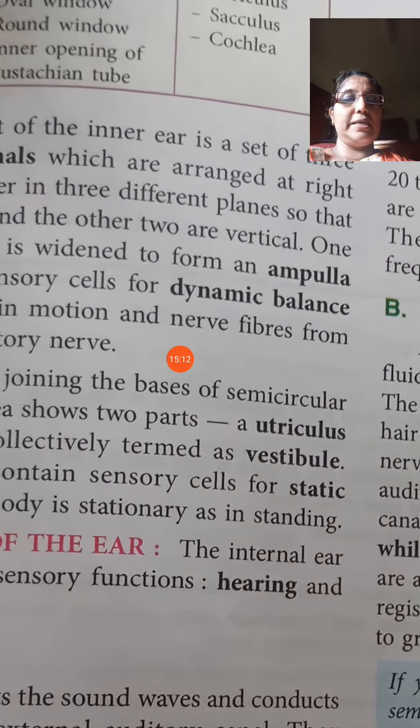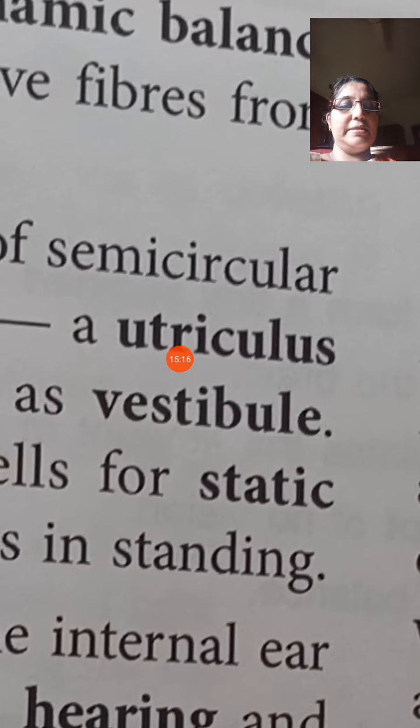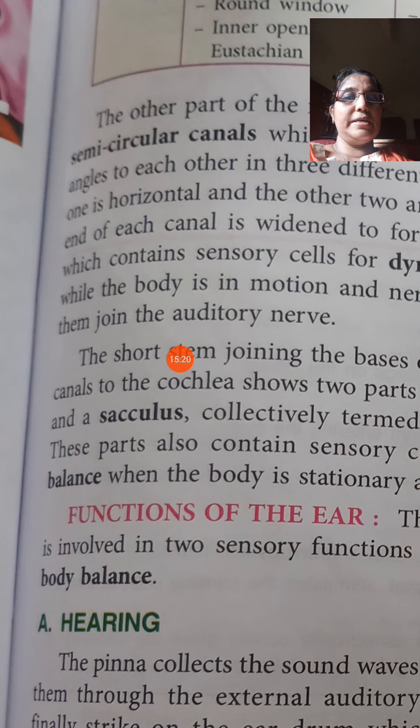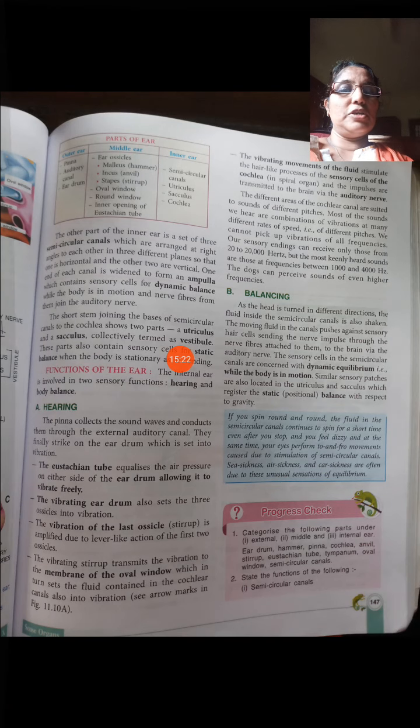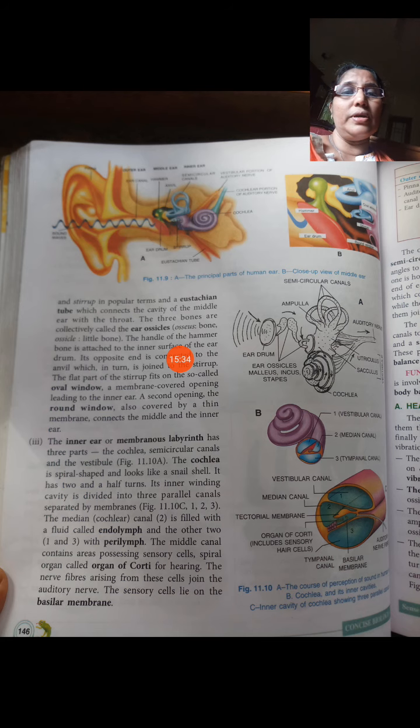You can see the dynamic balance and the static balance of the body are sensed by the utriculus and saccule. All these regions are filled with a liquid, and certain small calcium carbonate crystals are present inside it.